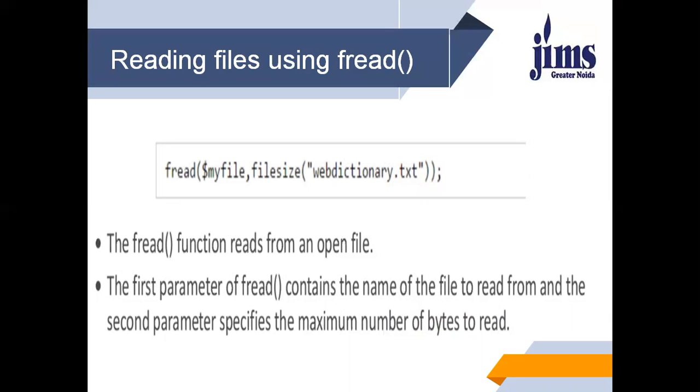So its syntax is preg_match, and in brackets you will mention search_pattern, comma, whatever string you want to pass. The search pattern needs to be a regular expression. So that is also possible when you want to search a particular record from a file.